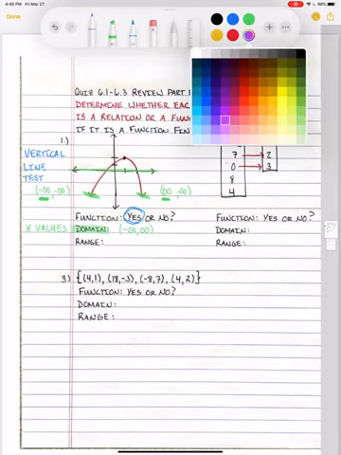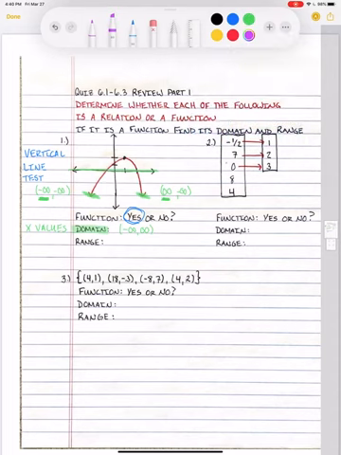Range deals with y values. Okay, so if we're looking at the range, that means I'm dealing with the y-axis here. So what I want to do is find the tallest point of my graph, which is here.